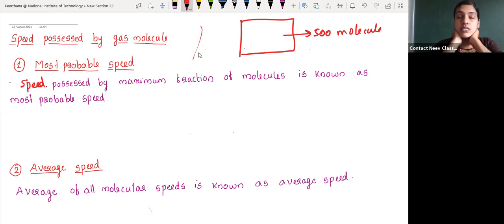Actually, the most probable speed is like this: if I have 500 molecules, maybe 300 molecules will have the same speed.